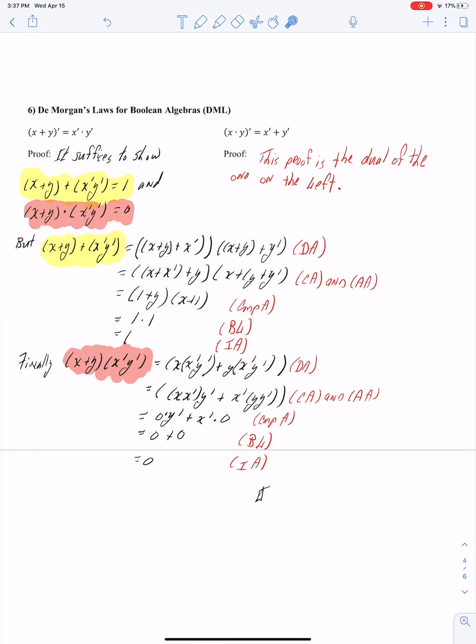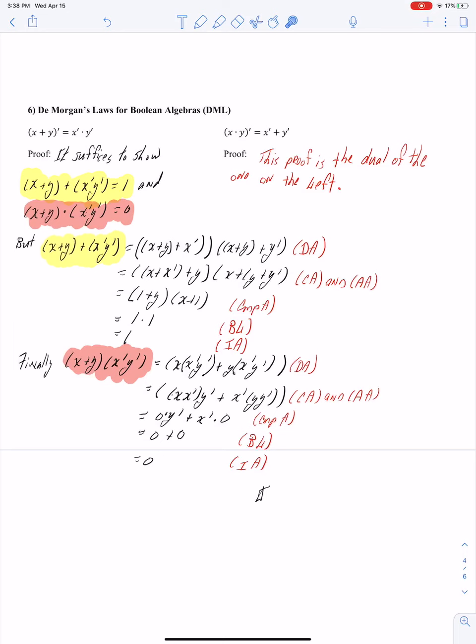Well, it's just 0. And by the way, so is y dot y prime. It's just 0. So I get 0 dot y prime add x prime dot 0, and I got both those from the complement axiom. But what does my bound law say? It says 0 dot anything is just 0. So I use the bound law to call this 0 and call this 0.